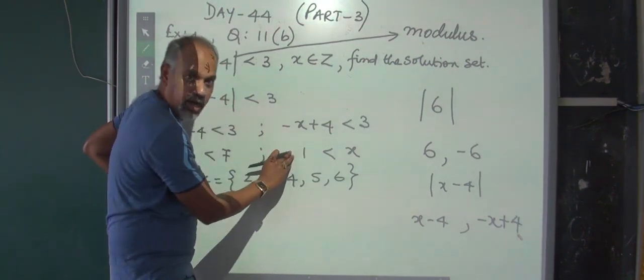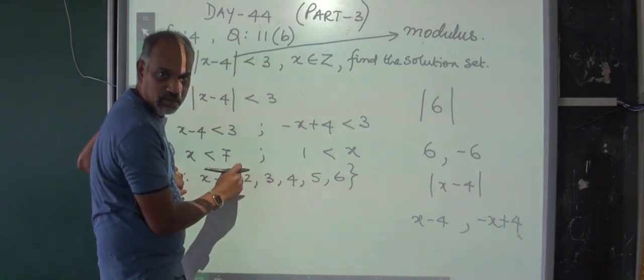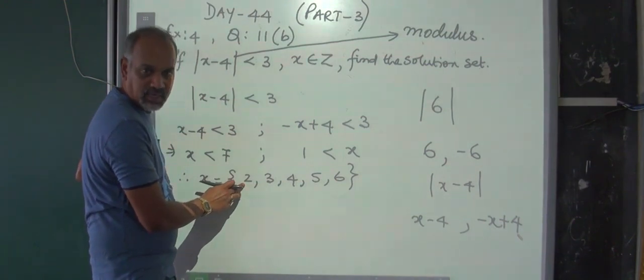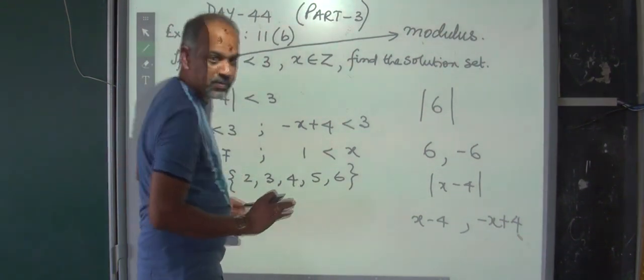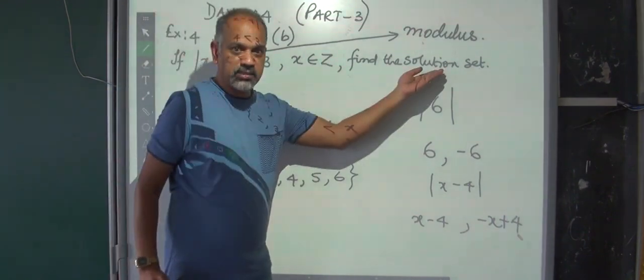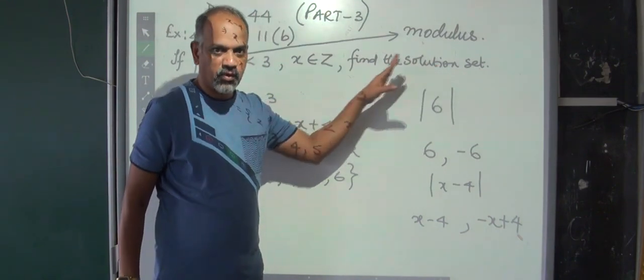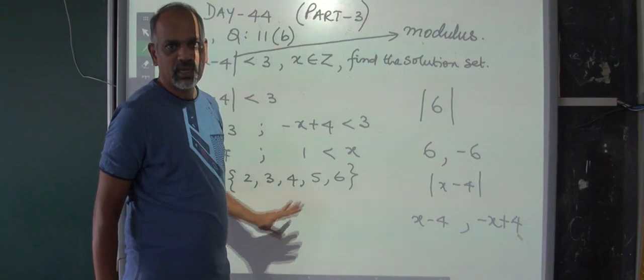Greater than 1 means 2, 3, 4 and so on. So combining these two results, this is the answer you get as a set: 2, 3, 4, 5 and 6. And as I said, it just says find the solution set. Therefore, you leave the answer here. You don't have to draw any number line.